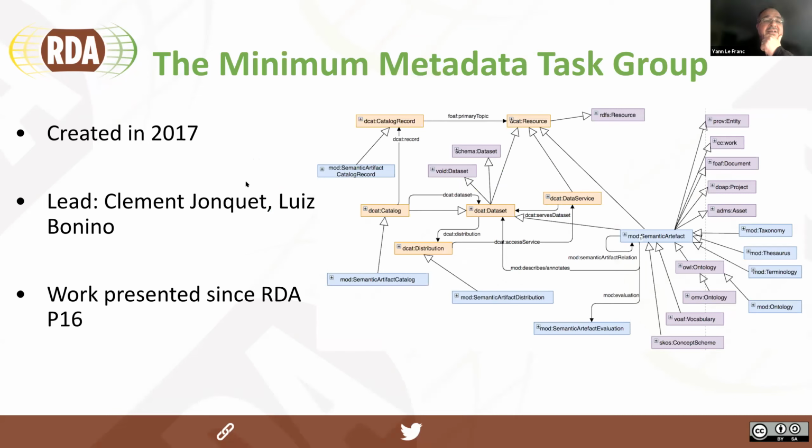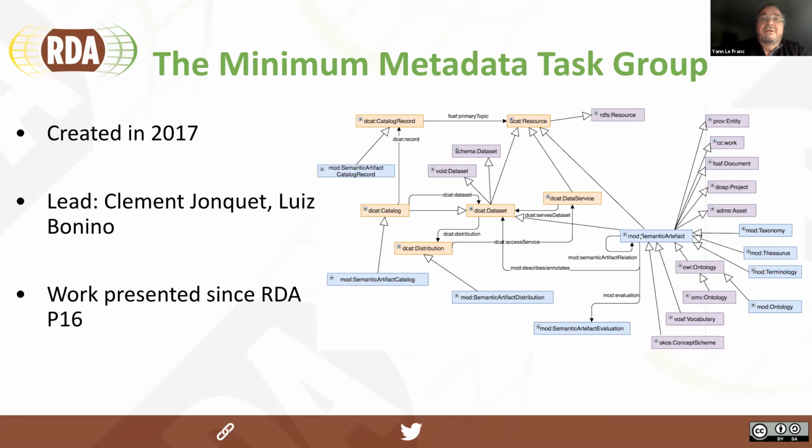And the idea was that this group will try to define a minimum metadata for describing semantic artifacts, which means ontologies, controlled vocabularies, thesauri. So it is a sort of umbrella term to avoid any confusions about ontology. So the lead is Clément Jonquet, and co-lead is Luis Bodino, and the first work was presented during RDA P16.